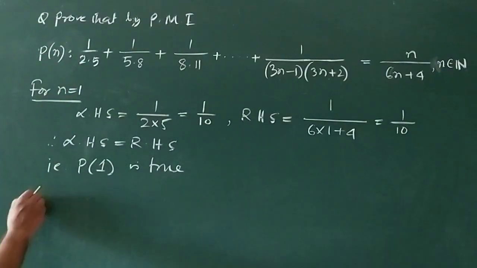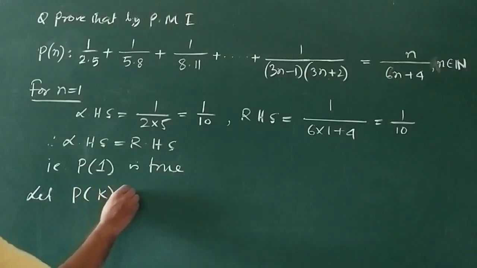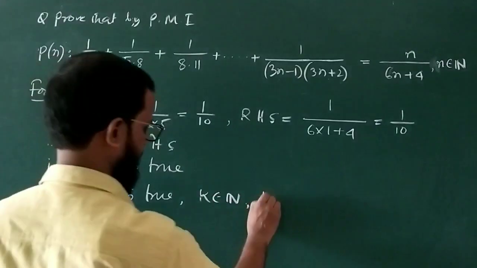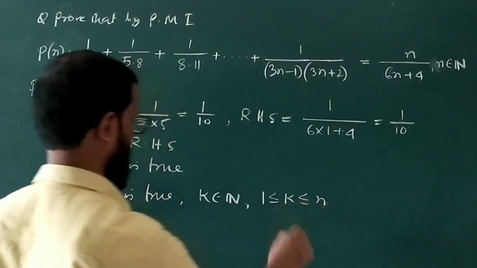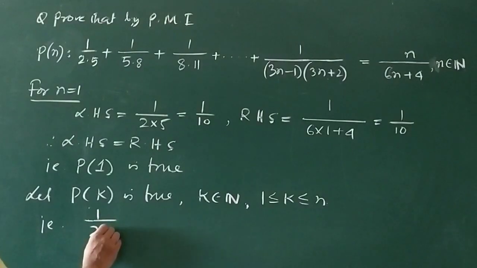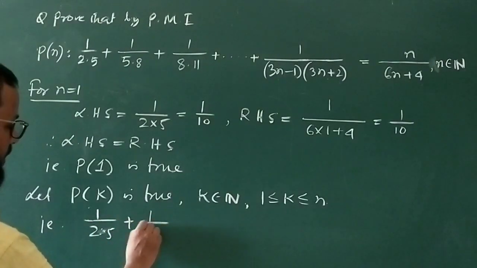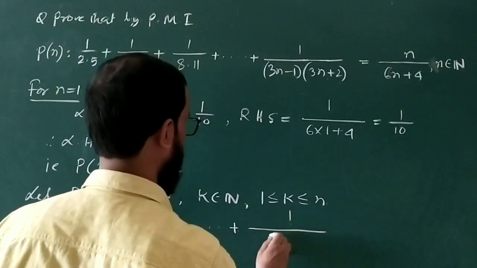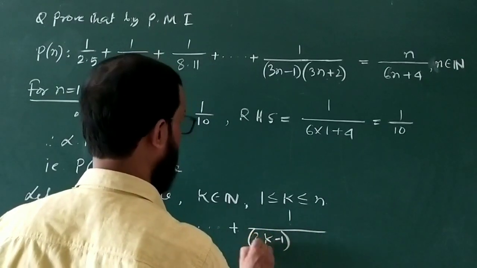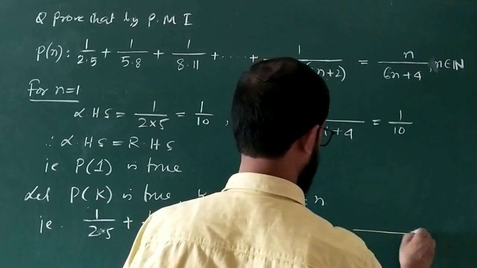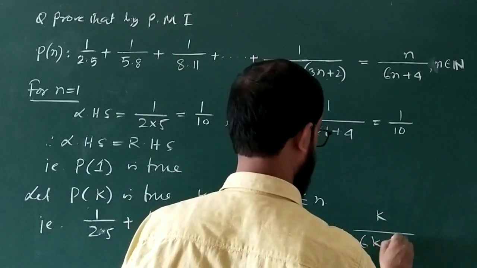Now suppose that Pk is true, where k belongs to N, and 1 is less than or equal to k which is less than or equal to n. This statement I have repeated in many problems. That is Pk is true means 1 by 2 into 5 plus 1 by 5 into 8 plus dot dot dot, and finally the last term with n replaced by k, is equal to the right hand side, where n is replaced by k over 6k plus 4.